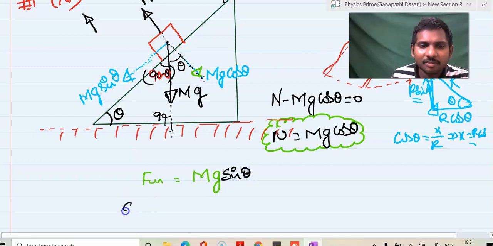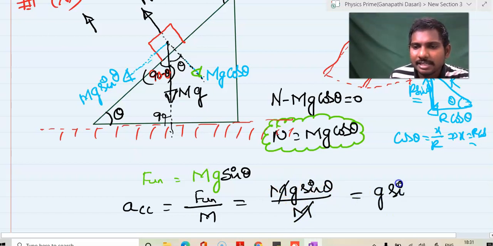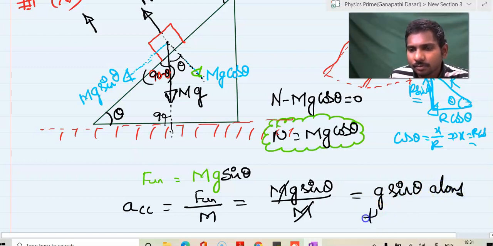So the acceleration of the block along the inclined plane will become the net unbalanced force divided by mass m, that is mg sin theta divided by m, that is equal to g sin theta along the inclined plane in the downward direction.